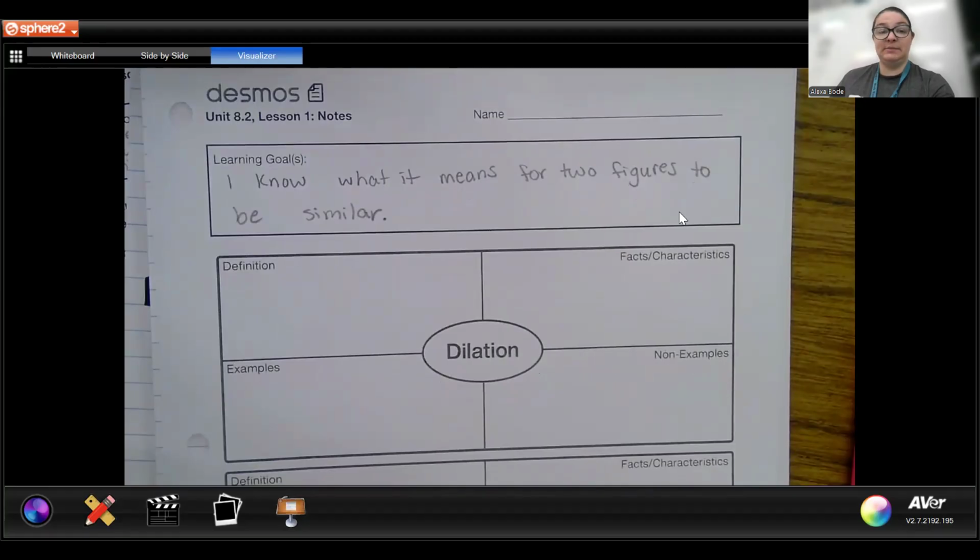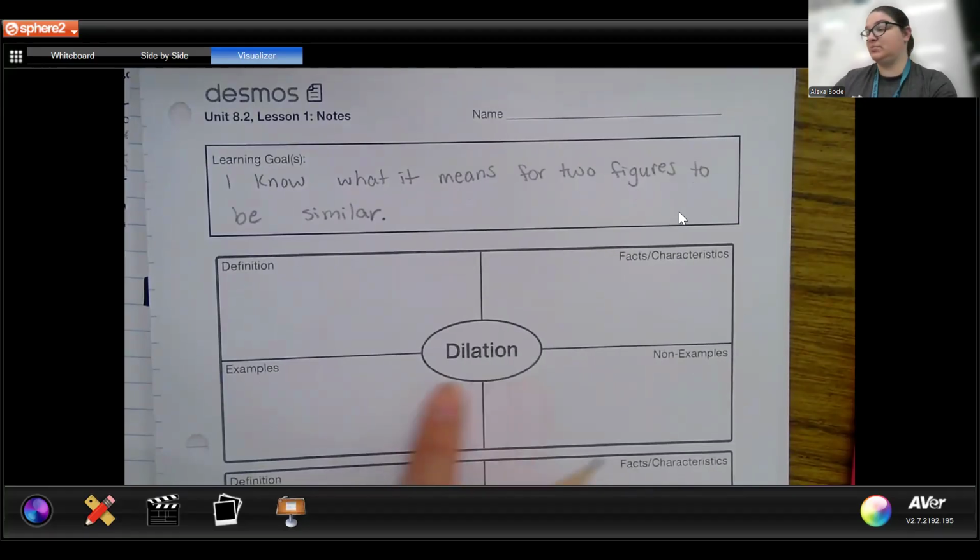So when you make similar figures, you're actually using the transformation dilation.